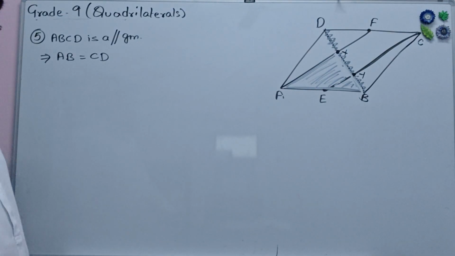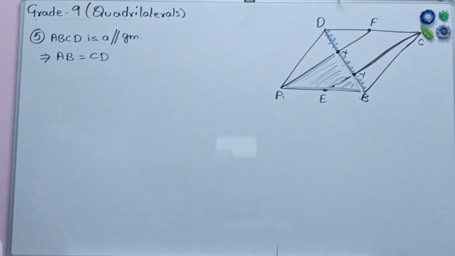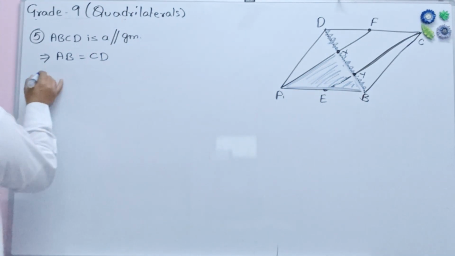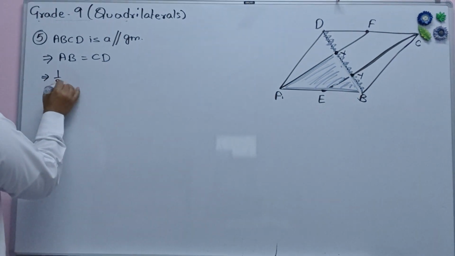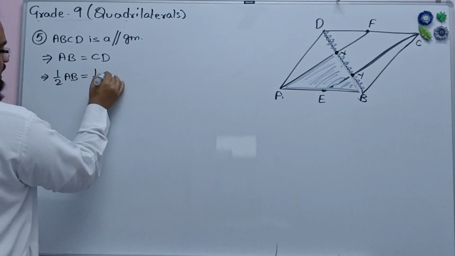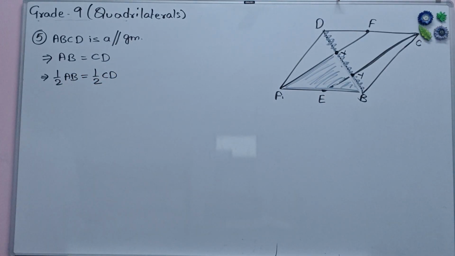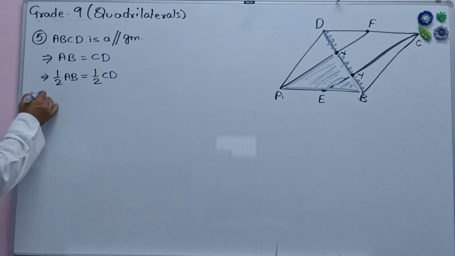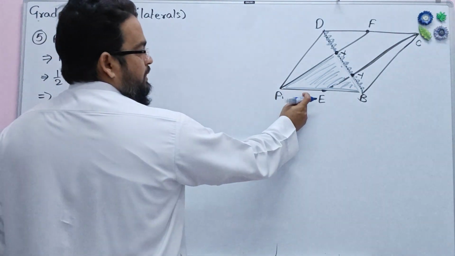Opposite sides are equal. And what is E? E is midpoint. So can I take it as half AB is equal to half CD? Is it right? If AB is equal to CD, then half of AB is equal to half of CD or not? Yes. So that implies, what do I need here?